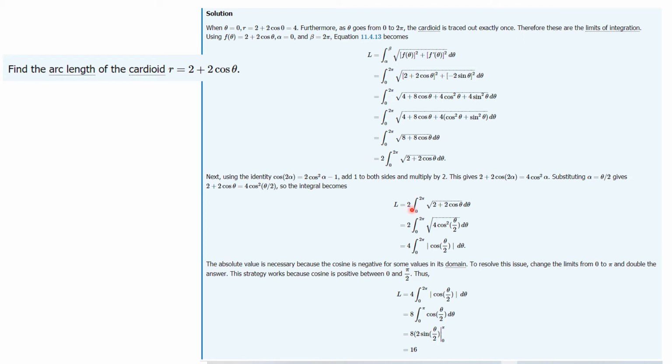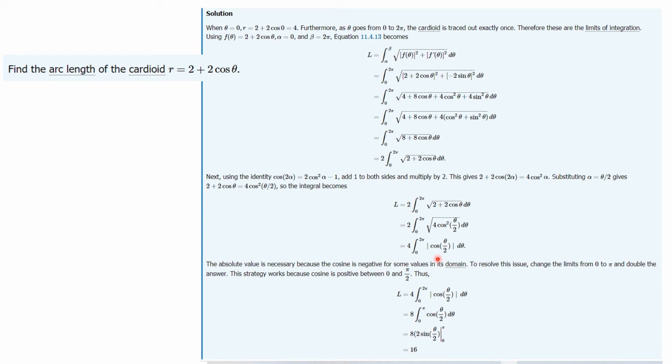So I make this substitution, and 2 plus 2 cosine theta becomes 4 cosine squared of theta over 2, and the square root of that is the absolute value of cosine of theta over 2.